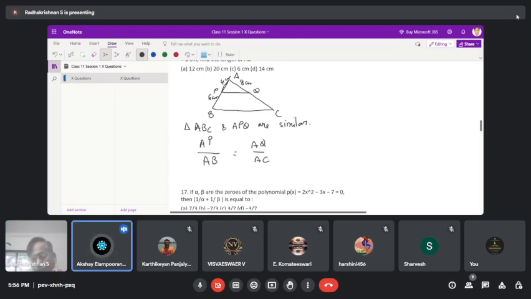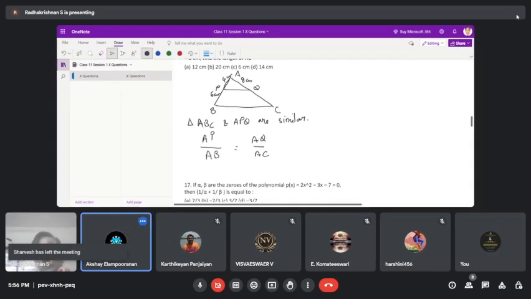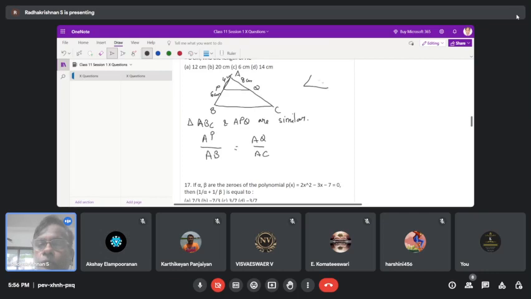Sir, we could use the basic proportionality theorem. Yeah, so let me go with this method for now, because these are two similar triangles. For any problem, I keep telling you there are multiple methods. If you have an alternate method, you can definitely use that.